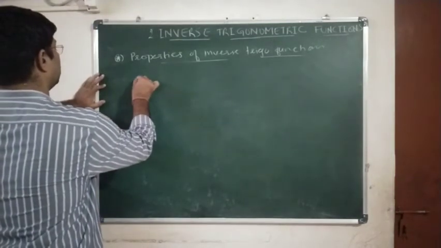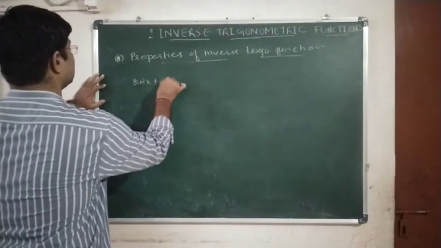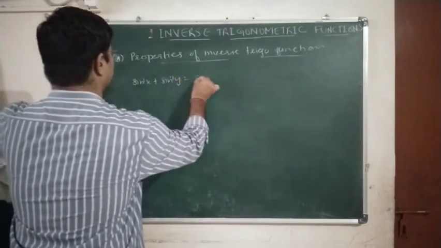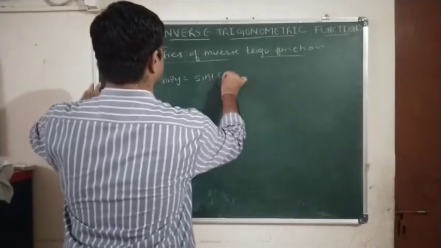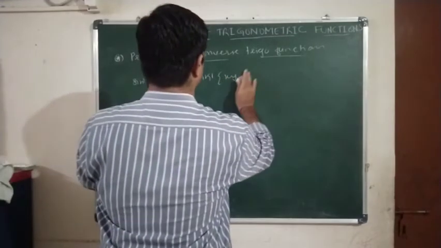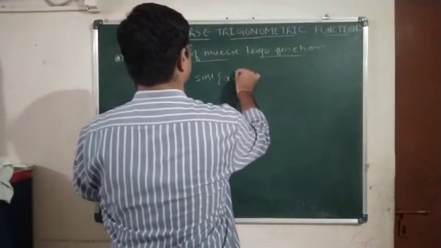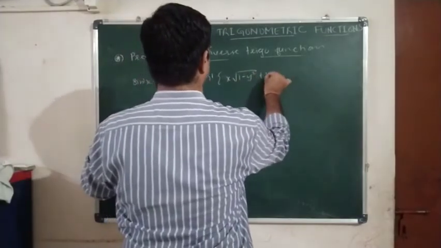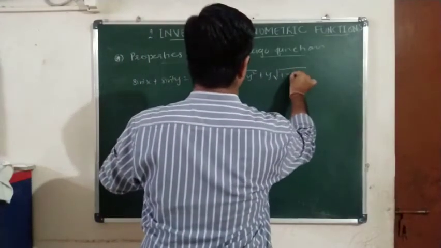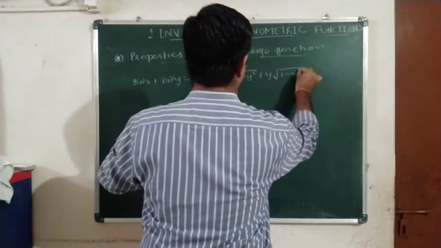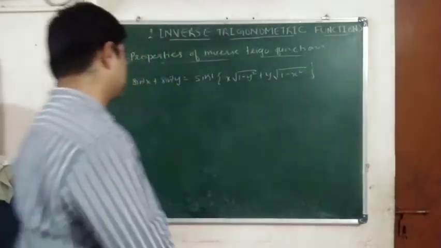The property is sin inverse x plus sin inverse y is equal to sin inverse of x into square root of 1 minus y square plus y into square root of 1 minus x square.